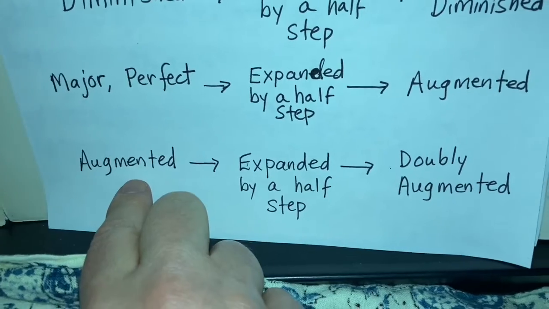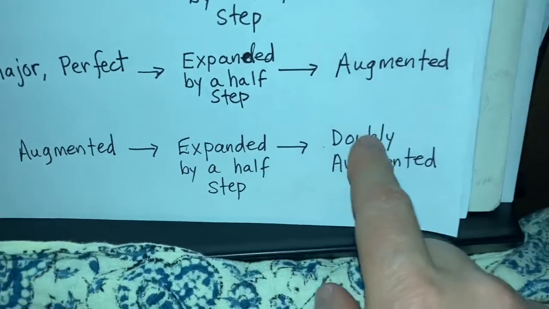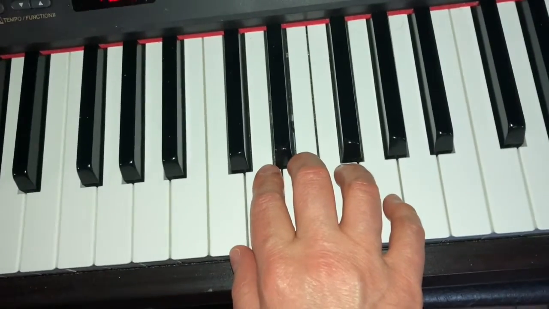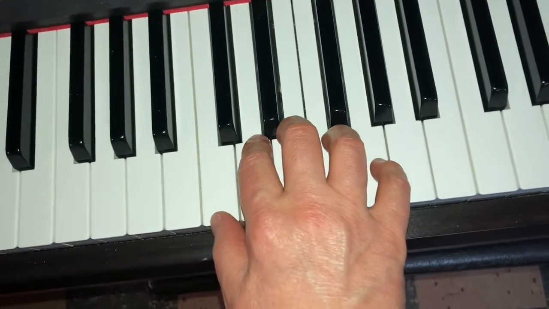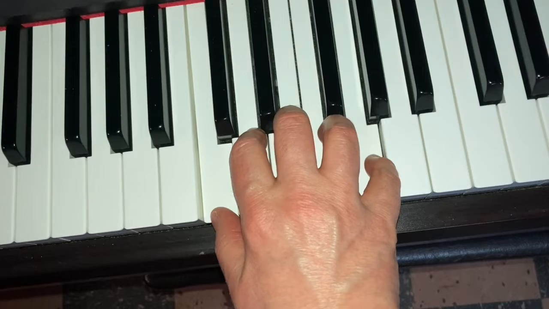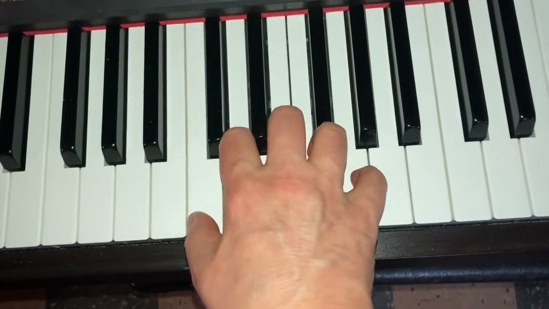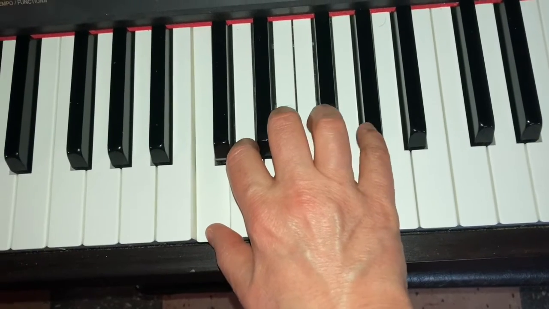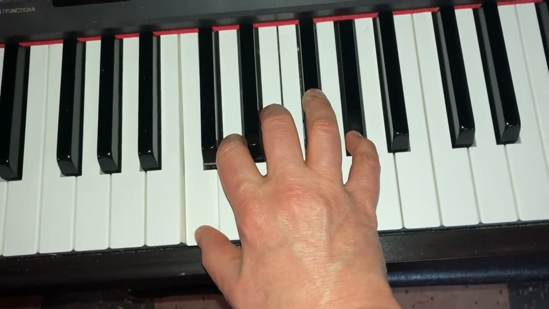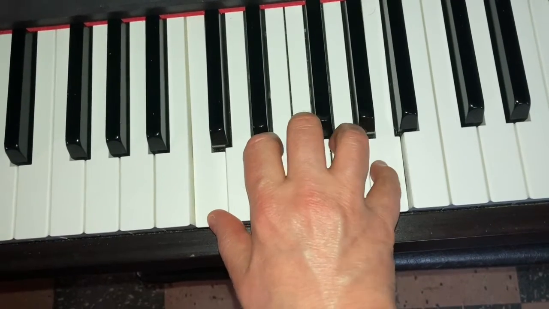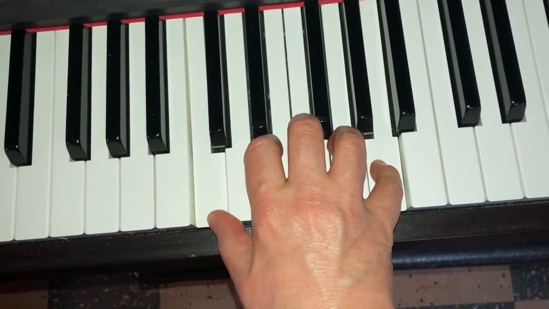An augmented interval expanded by a half step is called doubly augmented. So here is a perfect fifth. C to G. Augmented fifth, C to G sharp. Doubly augmented fifth, C to G double sharp.